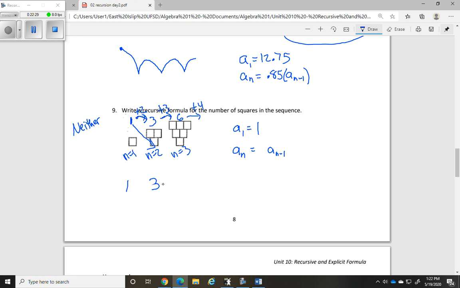If I go from 3 to 6, I have to add on that 3. Notice where my arrow is. I'm adding on the n that comes after. So this is the n before. To this, I'm adding on the n that comes after it. And again, this one is just the tricky kind.